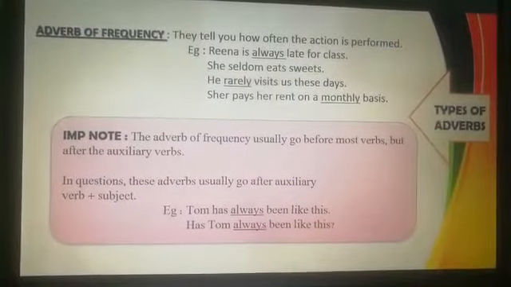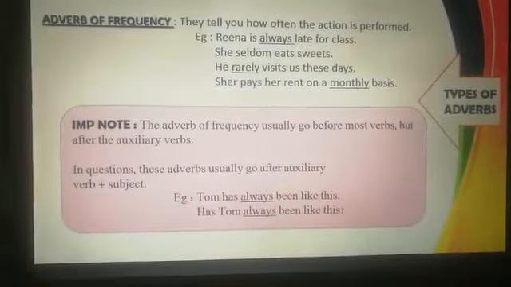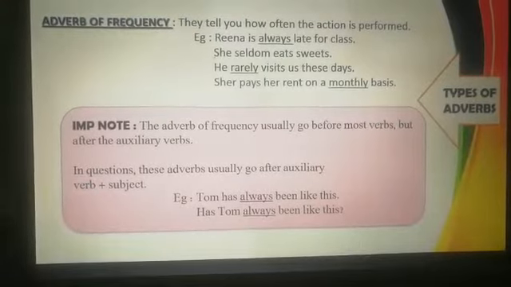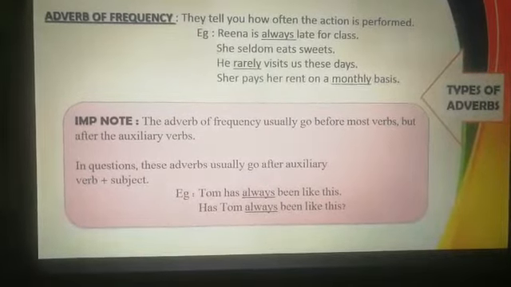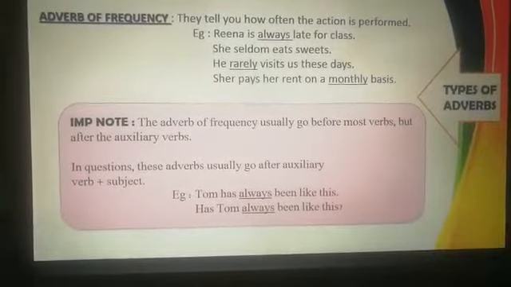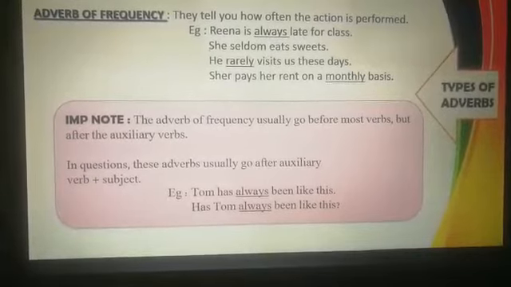Now the next type is adverb of frequency. They tell you how often the action is performed. It means how often the action takes place, and it generally answers the question how often.